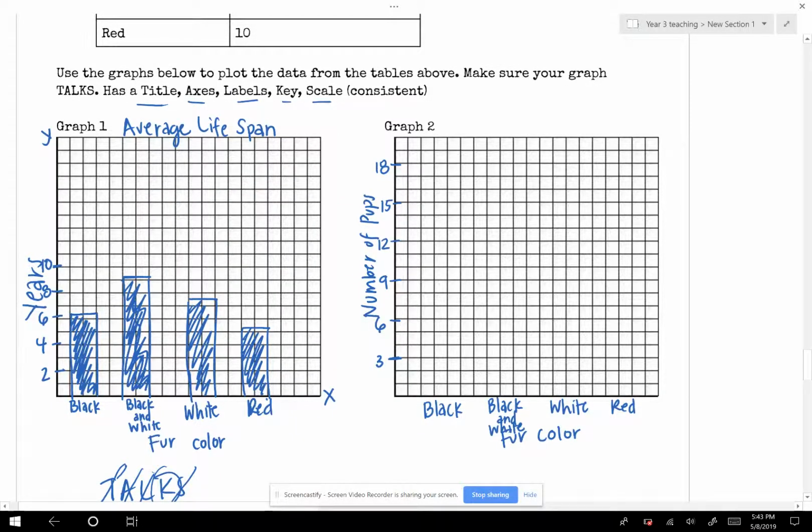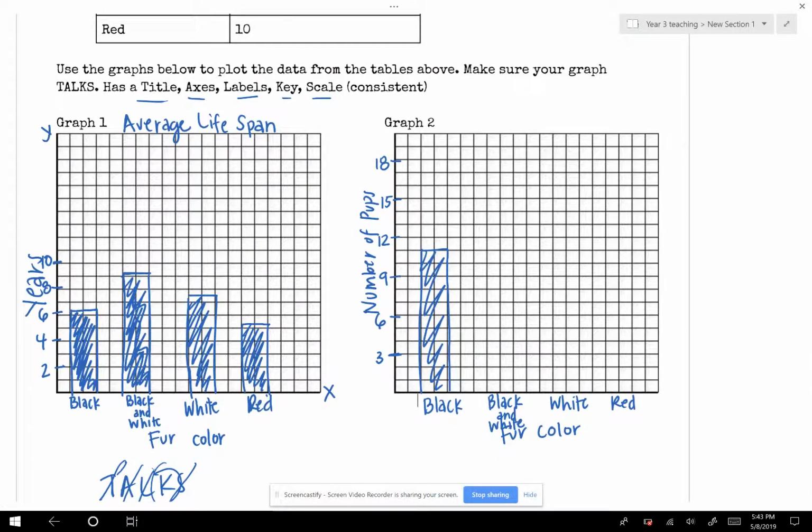Okay, so my black, on average, they have 11 pups. So I'm going to go right under there. So that would be this one on here. Then I'm going to have my black and white, which are 15 pups. So I'm going to go all the way up to 15.